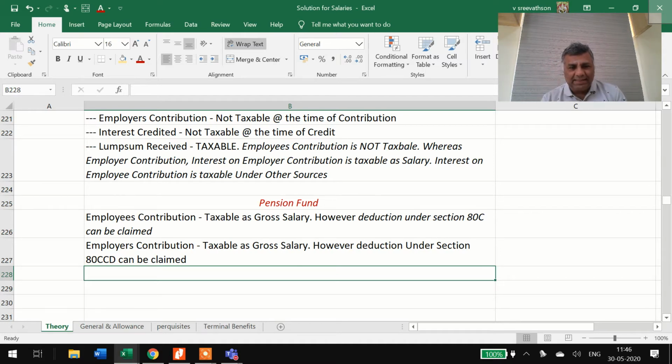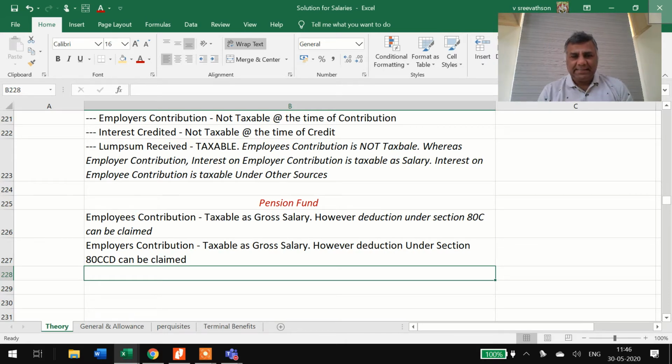Only two things here: employee's contribution and employer's contribution. There is no interest and all. So, provident fund and pension fund.